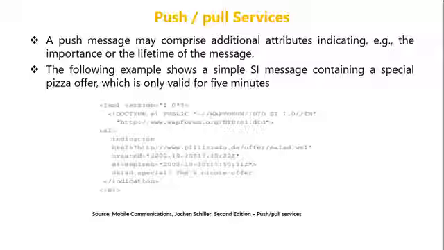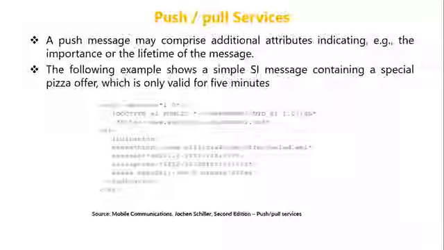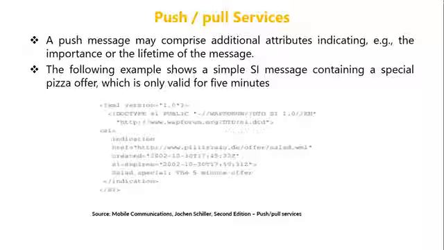SI stands for service indication. It shows a simple service indication message containing a special pizza offer which is only valid for 5 minutes. So with push, you can define the lifetime also. How to define that lifetime, we are going to discuss here. So this pizza offer is only for 5 minutes.